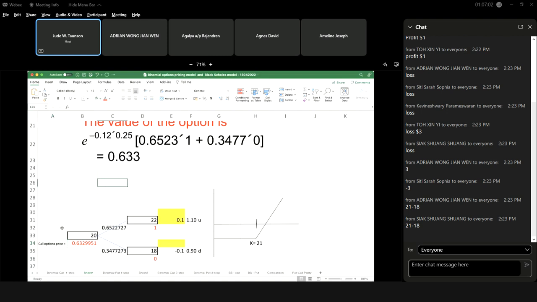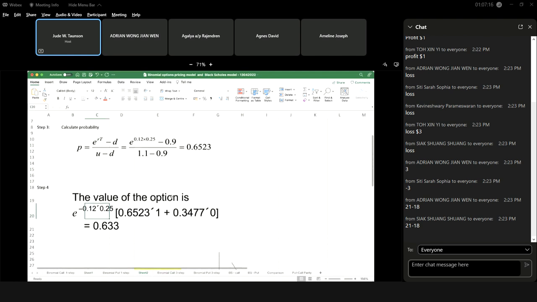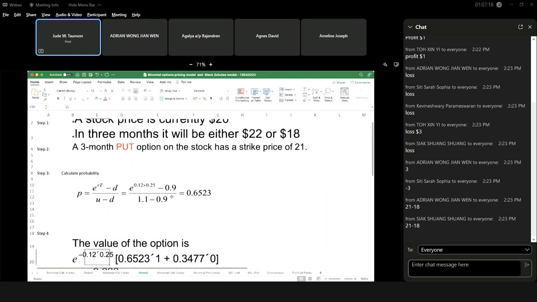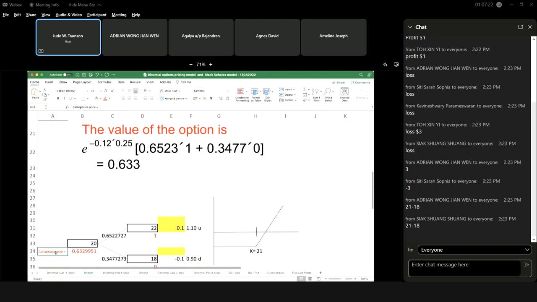Remember, the model is to find the option price. Now we want to calculate for the same situation, the same underlying. We still have the same underlying, but we want to find the value of the put option. What is the value of the put option?